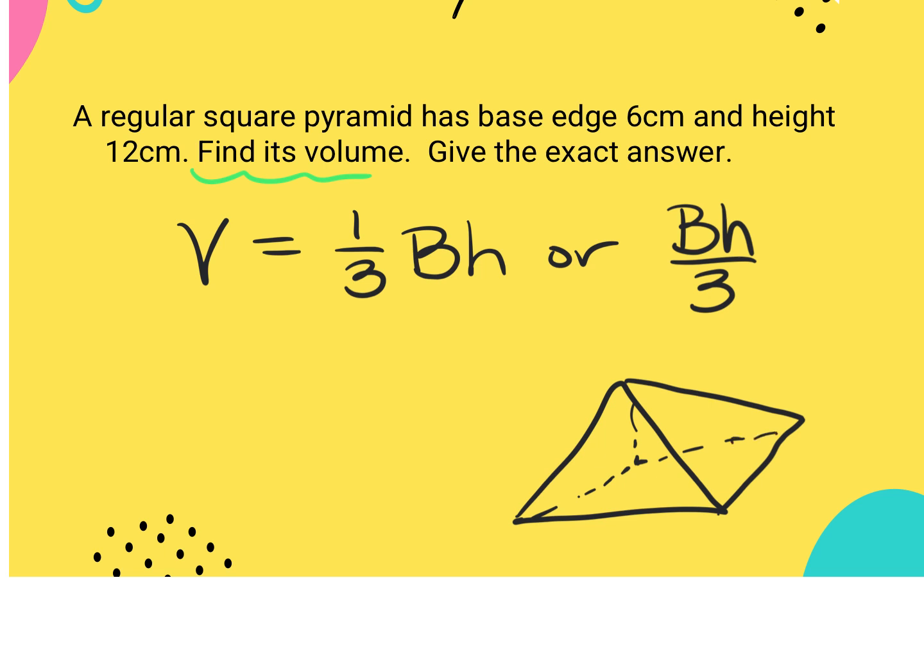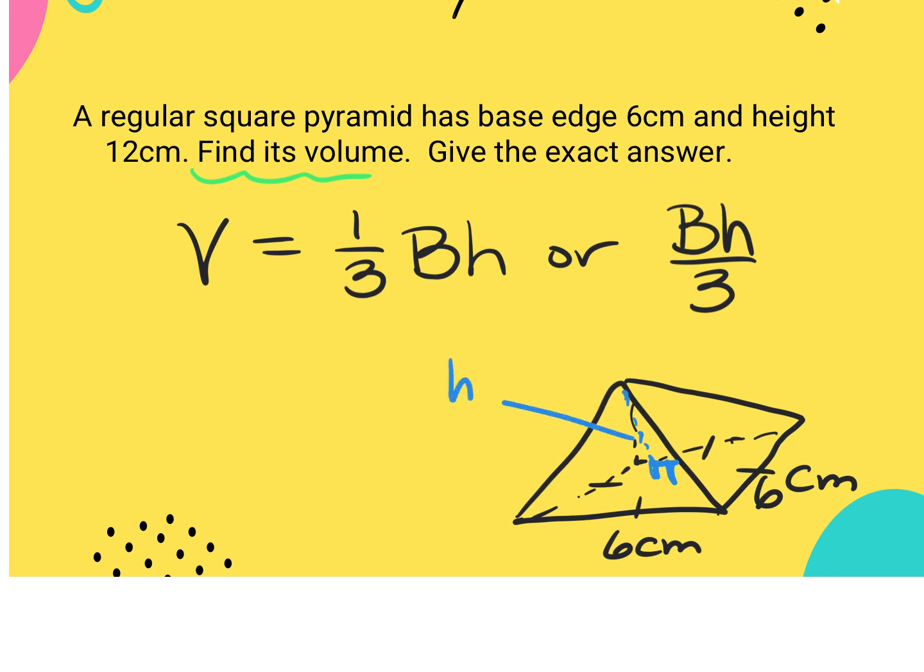All of these edges down here on the base are going to be congruent edges. And it said that each one of these edges is 6 centimeters. And then it also gave me the height here. And it told me that the height of this pyramid was going to be 12 centimeters.